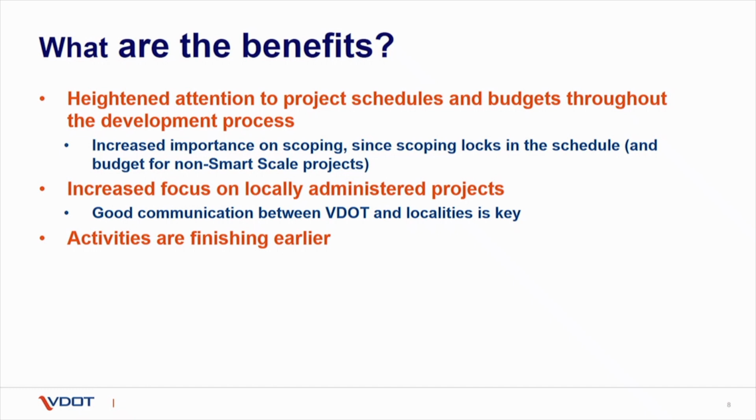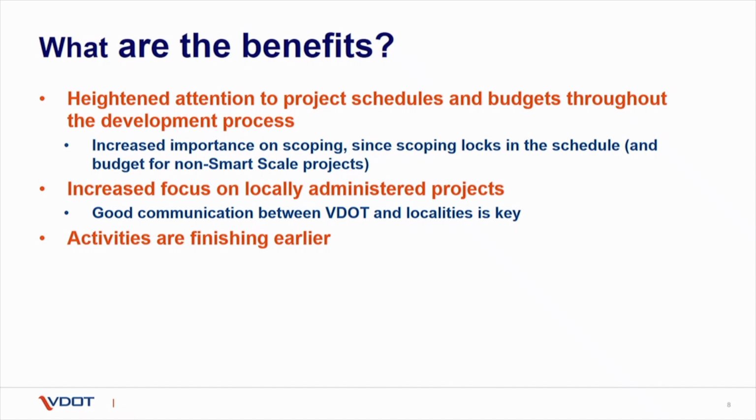We literally have projects that were started in development in like 1989, and they're still in the system. So we wanted to get them in and get them done. They're going through on the Smart Scale projects, fully funding them. Once they're funded, we told them that we would get them through the system quickly and get them developed and out the door and on the streets.